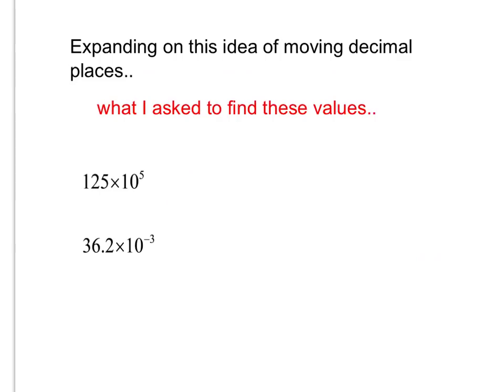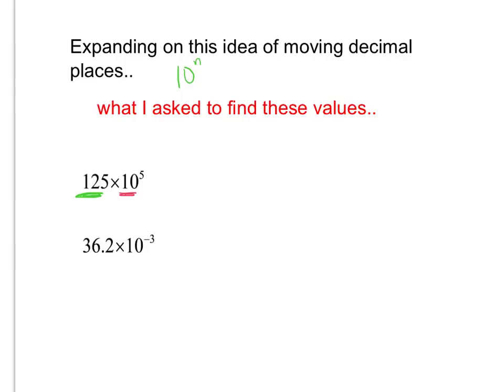Okay, so now we need to expand this idea of changing the decimal place when we have our exponent, when we have that 10 to whatever value. What if I asked you to find the following values? I wanted you to take 125 and multiply it by 10 to the 5th power.